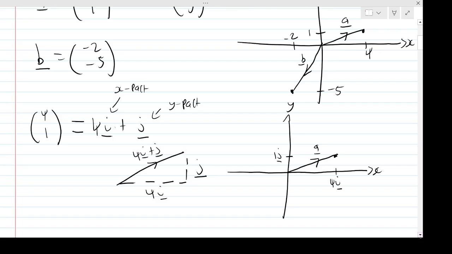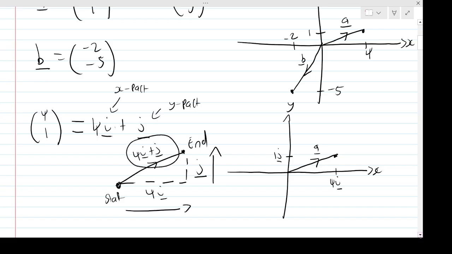Because i and j are technically two different vectors, I'm basically adding two vectors. Say I'm starting here and I end here. I'm going 4i along, vector 4i along, and then up by a vector of j.